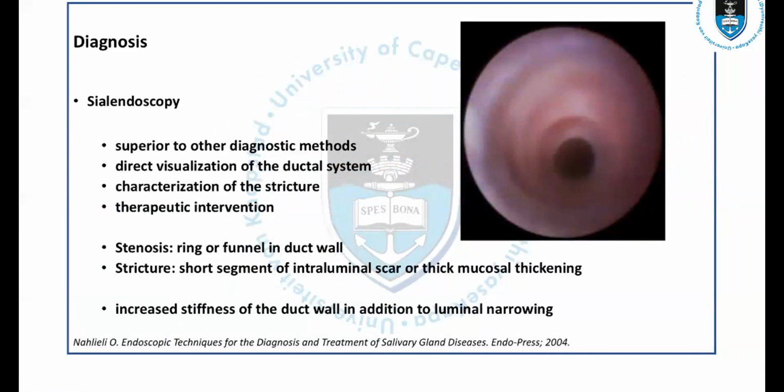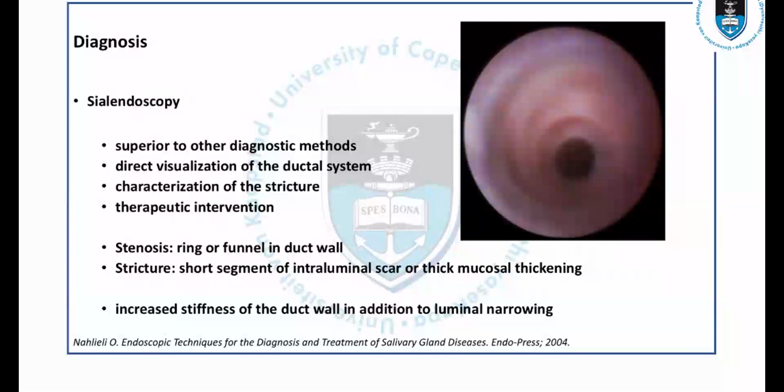So the other investigation that we most commonly use is sialendoscopy. It has been described as being superior to other diagnostic methods as it allows direct visualization of the ductal system. It allows us to characterize the stricture as well as therapeutic intervention.